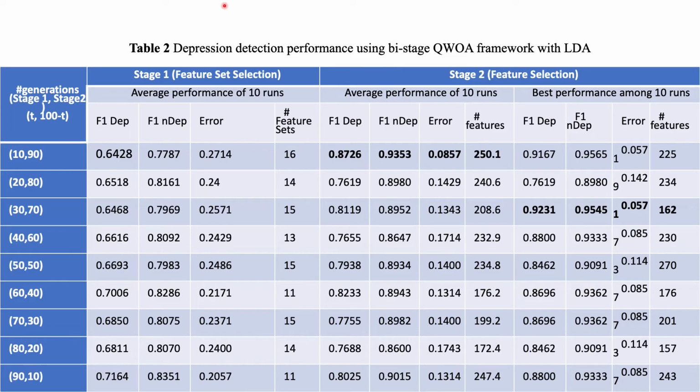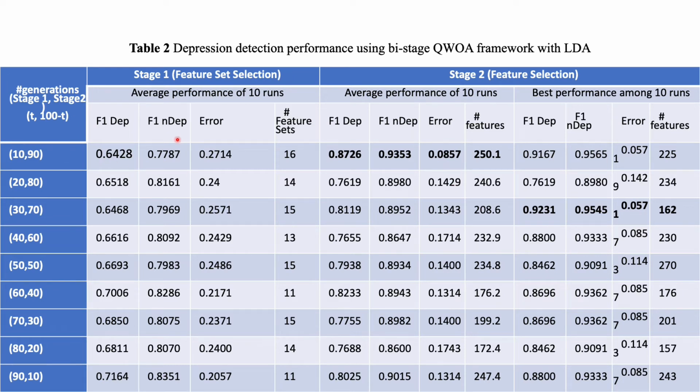These are the results obtained. The experiments were performed using 2 classifiers, LDA and SVM. This is the result that we obtained using the LDA classifier. These are the results obtained for different sets of generations. That is, when 10 generations are used to perform feature set selection and the remaining 90 generations are used for feature selection.